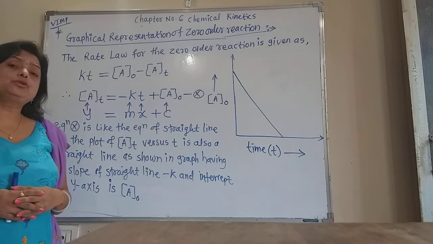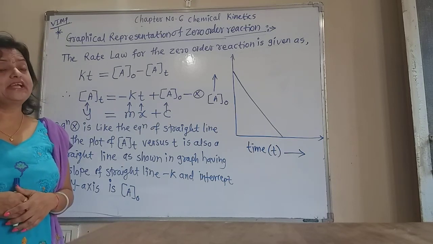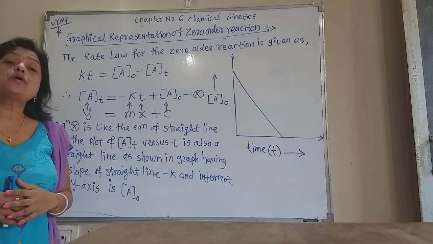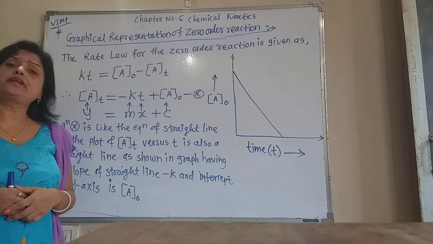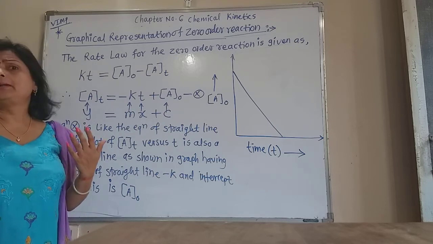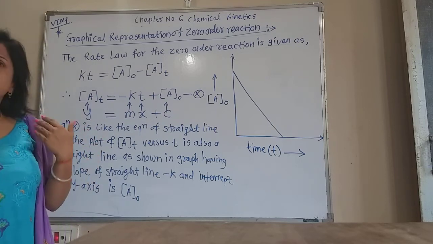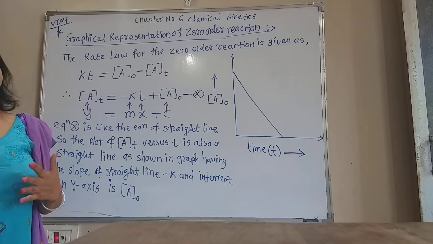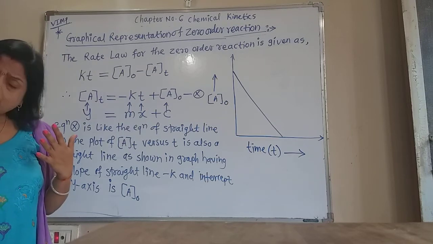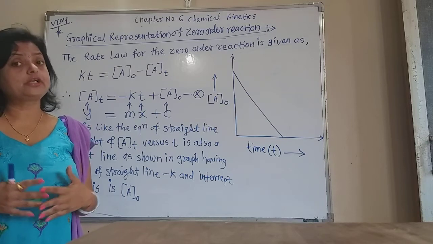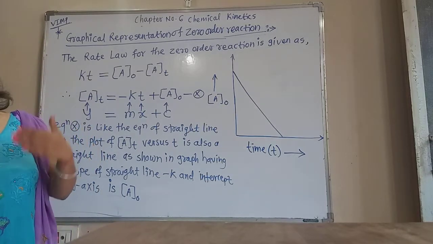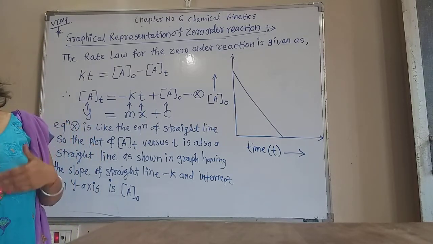Now come to the third type of reaction, that is the pseudo first order reaction. What is this pseudo first order reaction? Pseudo means false. False means it is not actually of first order. That reaction is actually of higher order, but it obeys the kinetics of the first order.